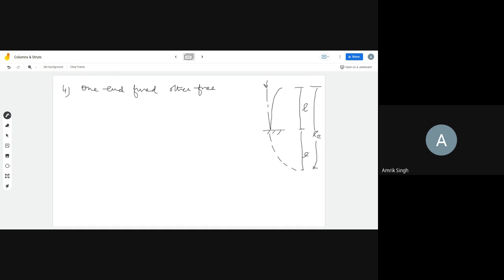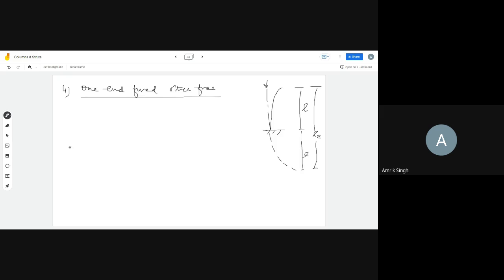Okay, so this is taken as the equivalent length. So this way we have the four end conditions, and you know now what is the equivalent length and what is the length of the column and what are the conditions.